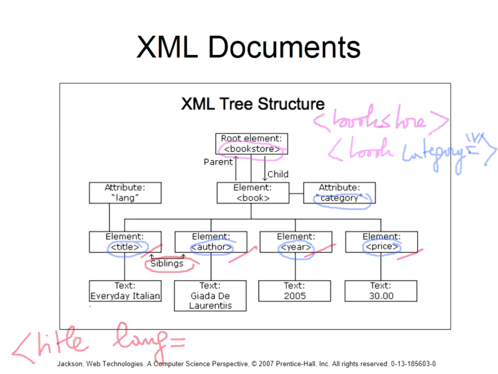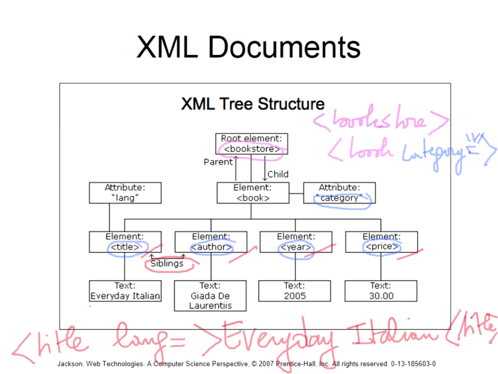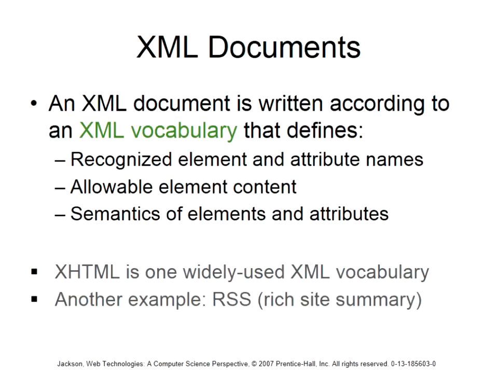Okay. So title, author, year, and price can be considered as siblings. Does title have an attribute?